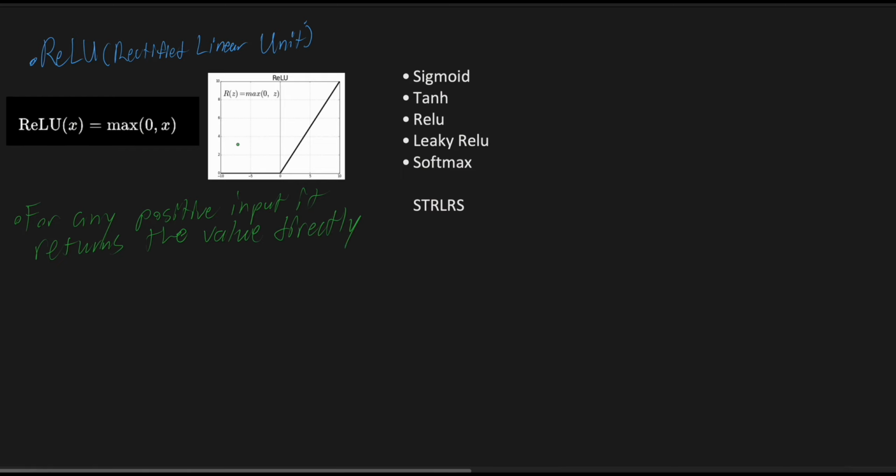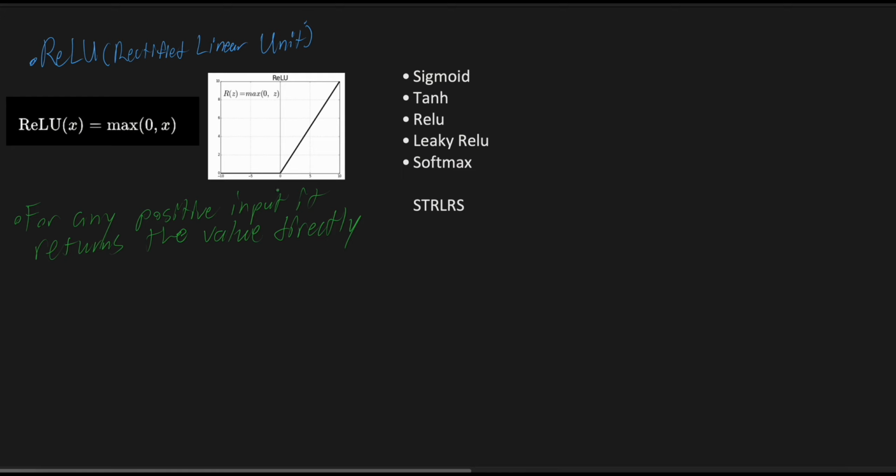However, for any negative input, it's obviously going to return 0, as we see in this graph over here. This creates a sparse activation pattern, which is computationally efficient and allows the network to easily obtain and operate with a derivative, except for the point at 0 over here, when the function is not differentiable.